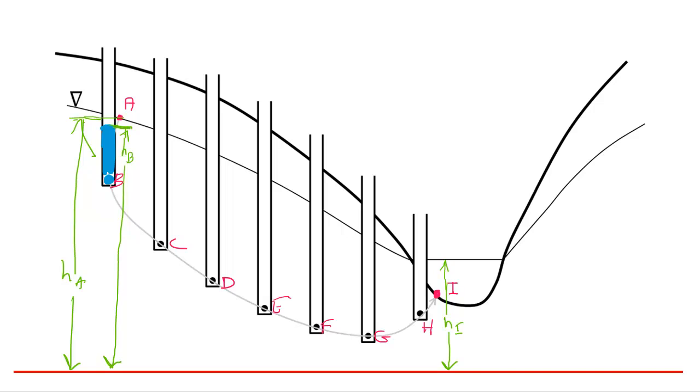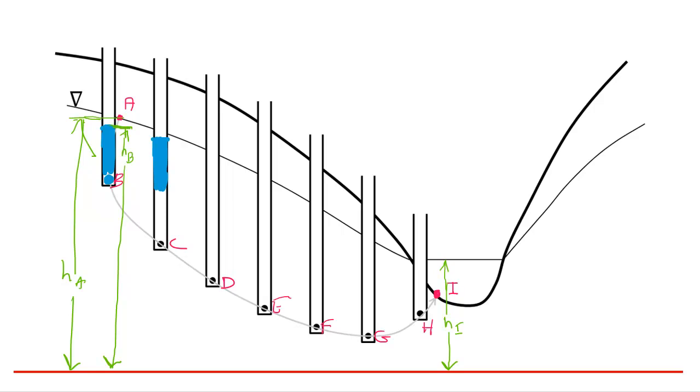Same logic would tell me that the head at C has to be lower than the head at B, so I'm putting it in like here. And I can follow that whole process all the way down. Let me actually go all the way to the end here, because this is where often people kind of mess up. Again, the head at I is equal to the elevation of the water surface.